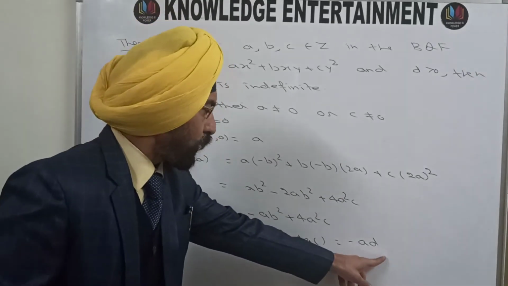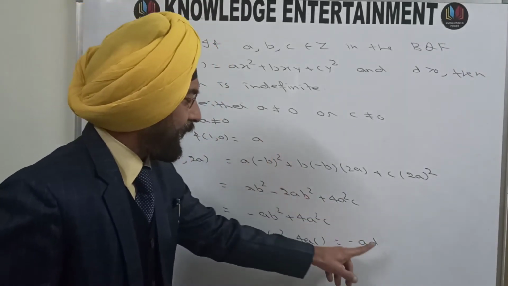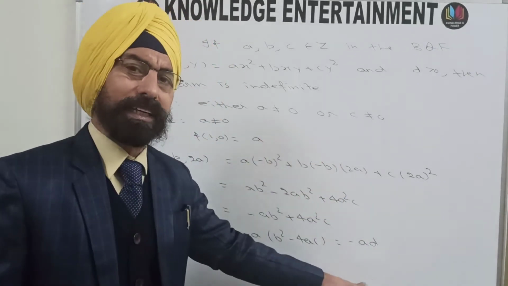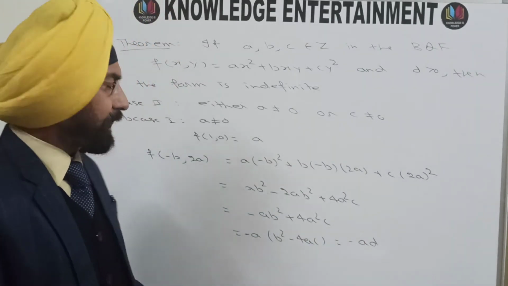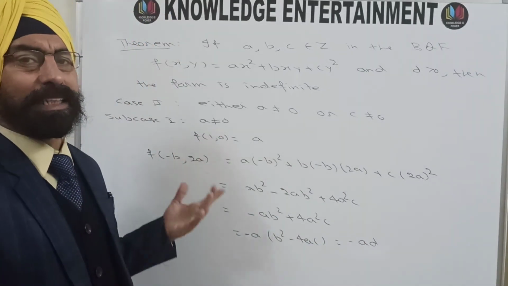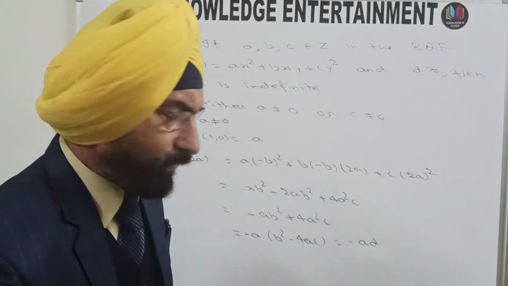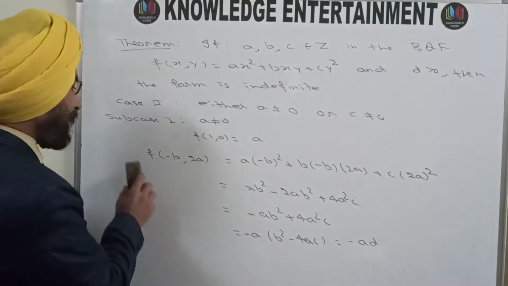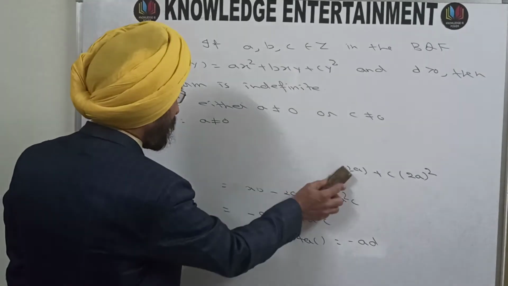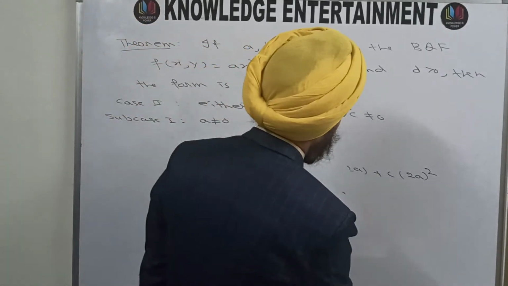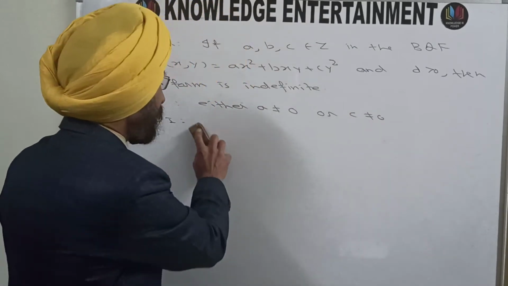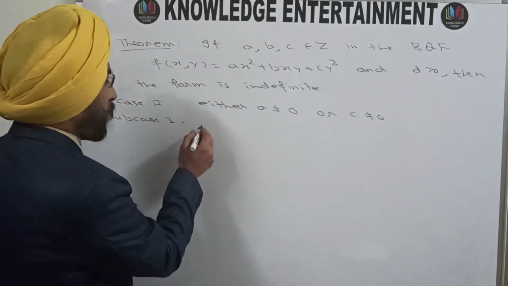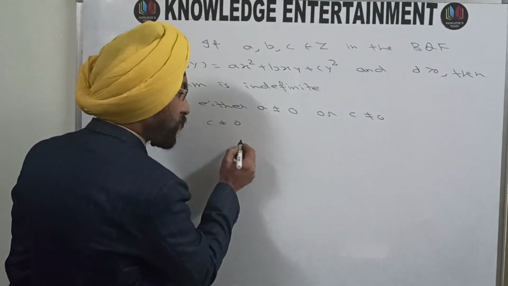So D is positive. That means one among a and minus aD is positive and the other one is negative. So once again, in this case, we have proved that it can assume both positive and negative values. That means once again, it is an indefinite binary quadratic form. Similarly, the other case when c is not equal to 0.